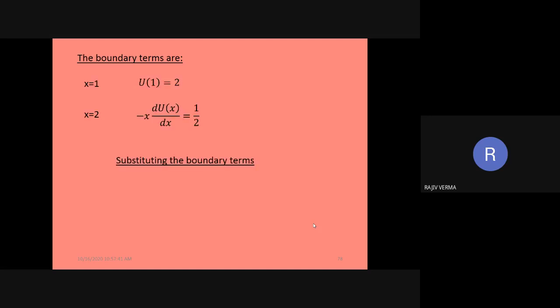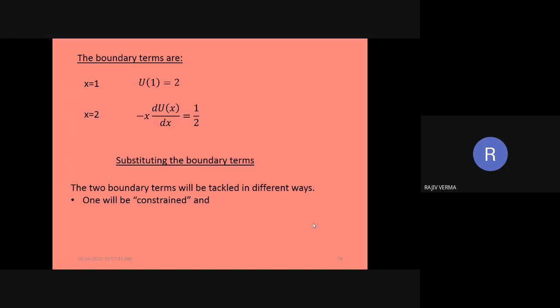And then the boundary terms are going to be substituted, and they are going to be tackled in two different ways. In fact, we have already been discussing how the flux term is going to be tackled, but just for the sake of continuity, we have this particular slide.